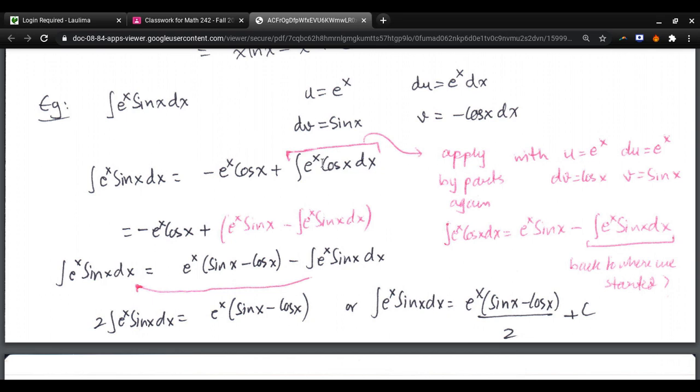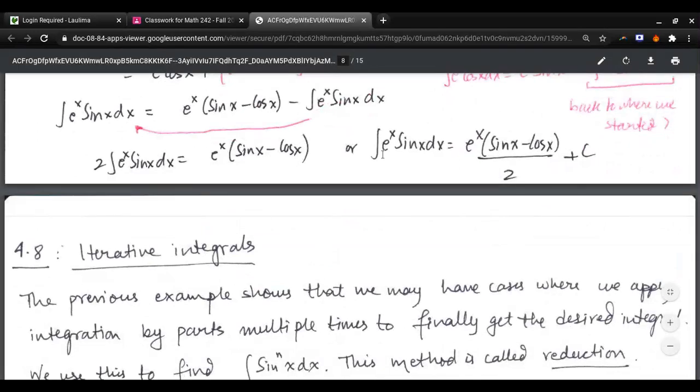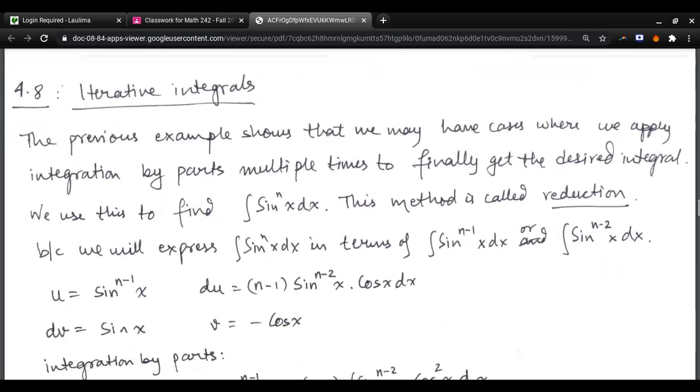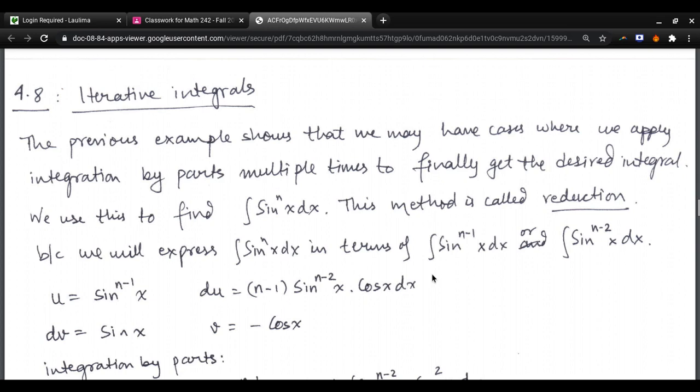When you solve that, you find your original integral inside it, and then you can solve for it. You may have to apply integration by parts multiple times to finally get the desired integral. I'm going to do this in the next video, with another example of iterative integrals.